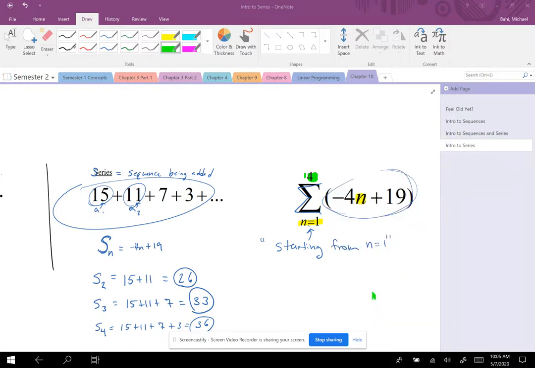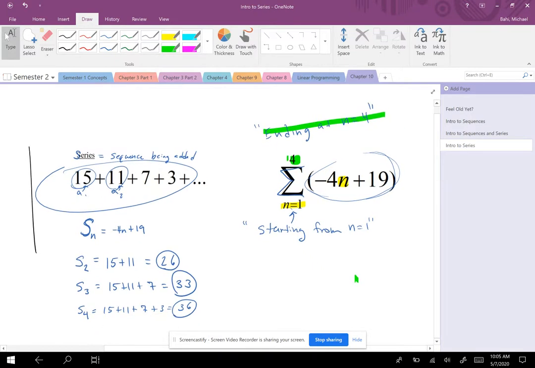So this is saying, I'll say ending at n equals 4. Okay. So what this is saying is starting from plugging in 1 into n, and keep going all the way up, increase your n by 1 every time until you get to 4, add up all those results together.